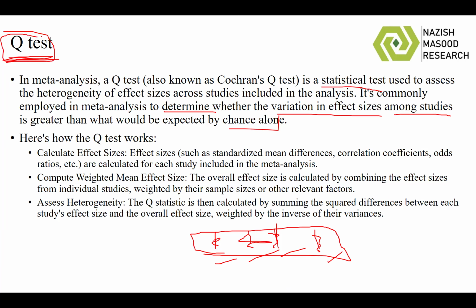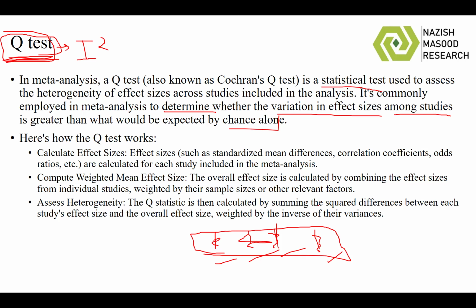Now, any meta-analysis that you see cannot be complete without the Cochrane Q. It's a mandatory test for heterogeneity. It needs to be done because Cochrane Q leads to I square. I square is again mandatory, and it is heavily dependent on Cochrane Q, and we'll discuss how in upcoming slides.